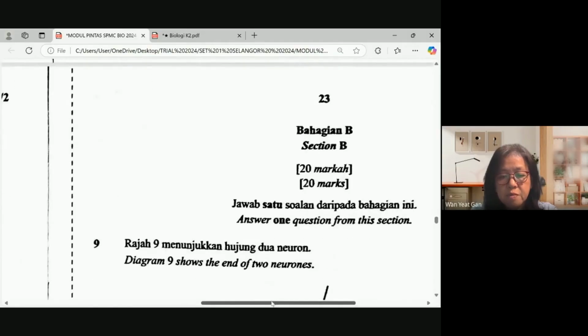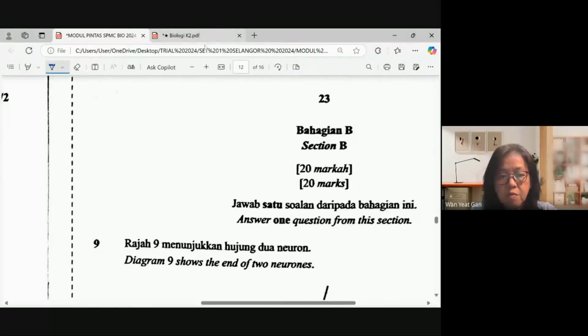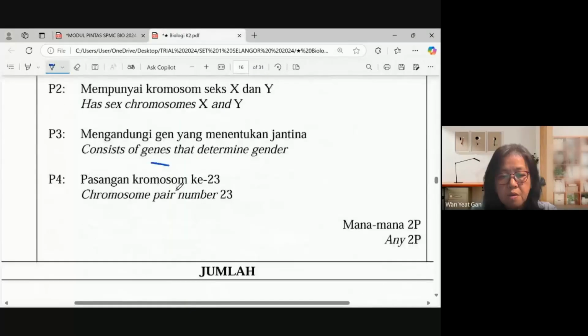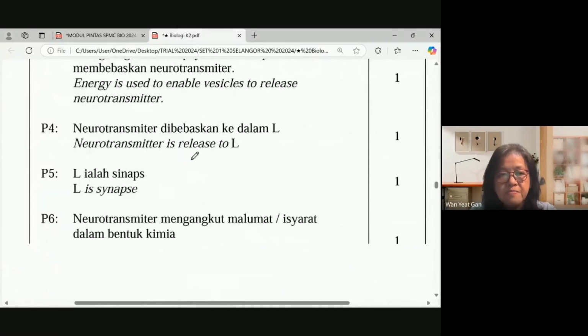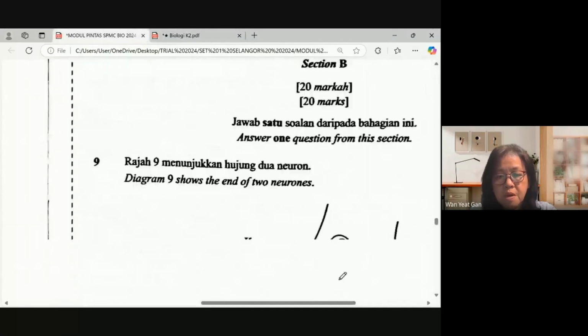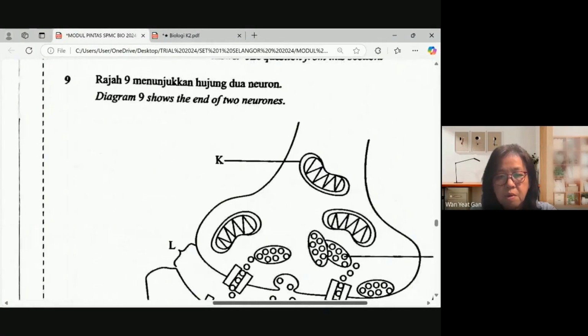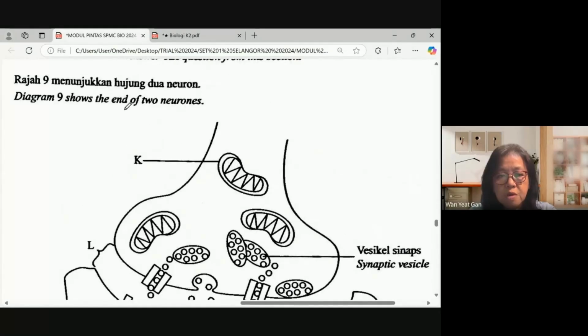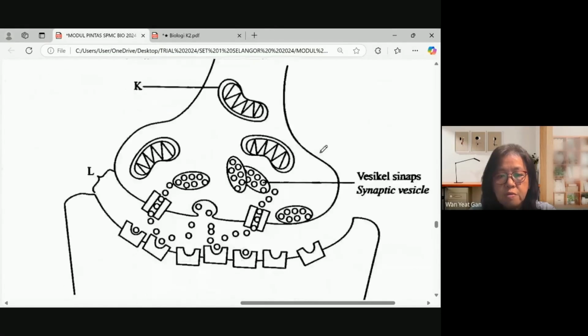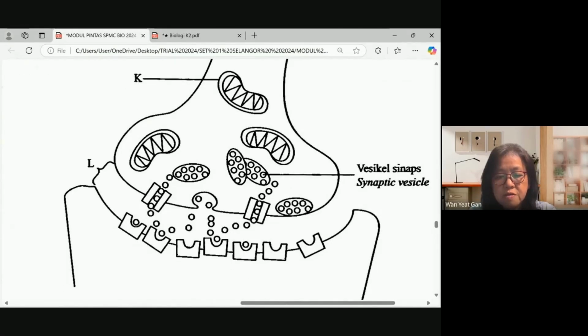Okay, we come to section B now, which is bahagian B, the essay question. The diagram shows the end of two neurons.